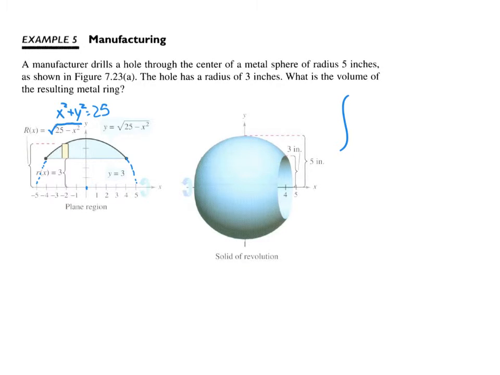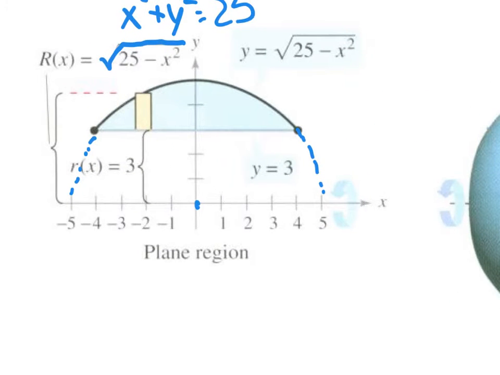The outer one is the square root of 25 minus x squared, and I square that minus 3 squared. However, what am I integrating over? What do I need to do? Find intersections. Negative 4 and 4.